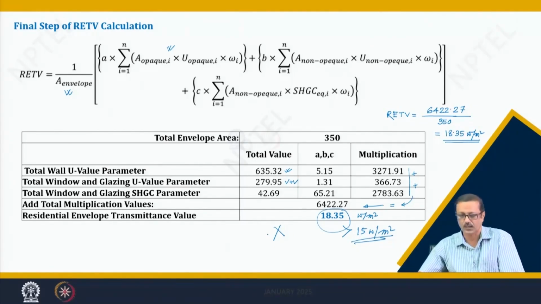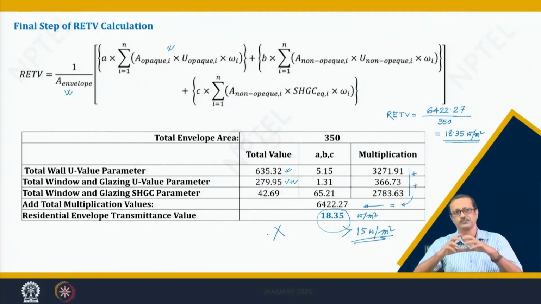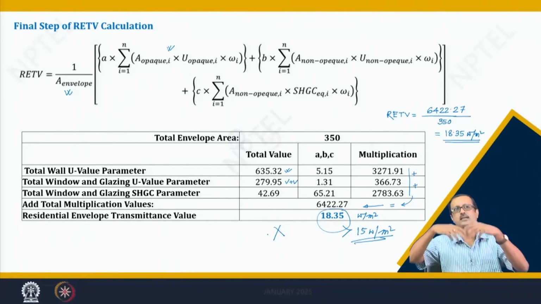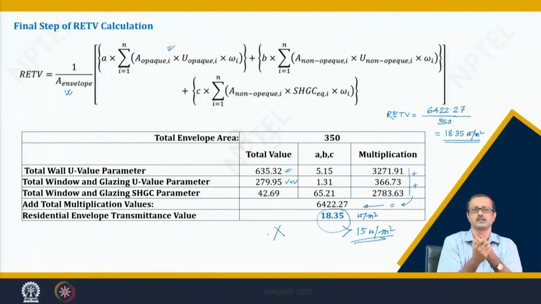So, there may be one question: why I have taken, it is a G plus 5 building, but why I have taken only one floor of 3.5 meter in my calculation? Because whenever I go up another floor, the same pattern will be replicated and the proportion of the areas of the wall, the windows and the glazings will be proportionally increased, and I have to divide that by the proportional increment of the area.